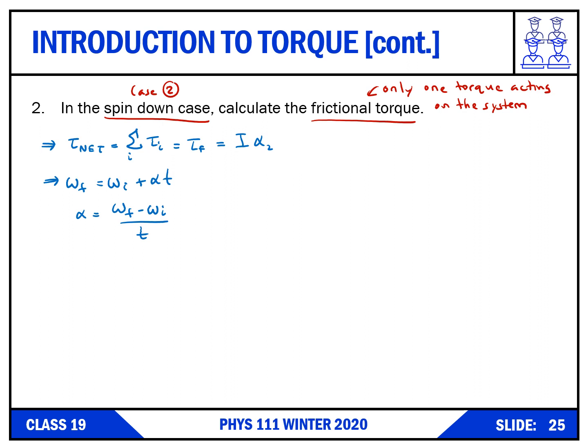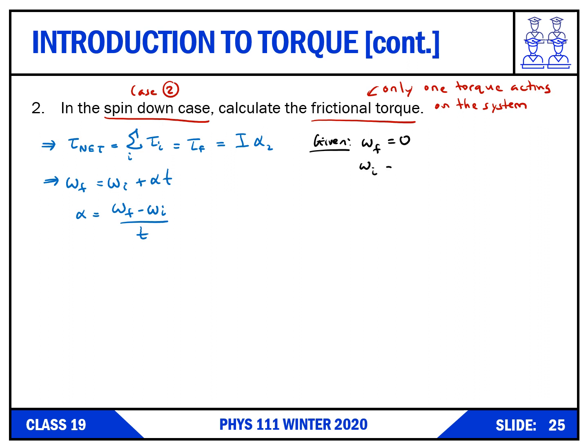So the values that were given from the question, because it's on a previous page, I should probably rewrite this. Because this is spin down, it means that it's going to slow down to a speed of 0. That means it's going to start from the maximum speed of 600 RPM.